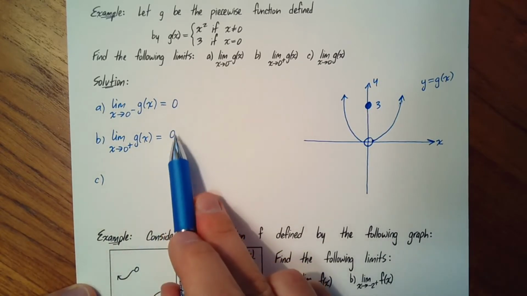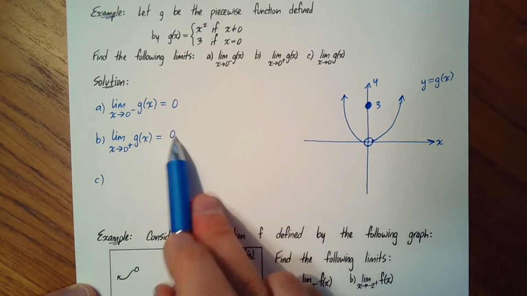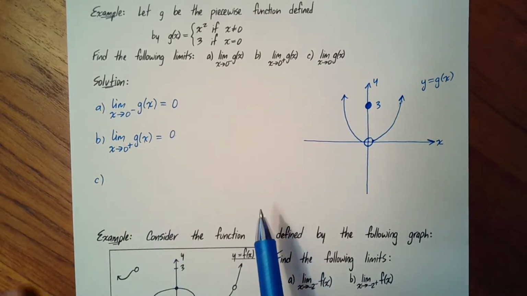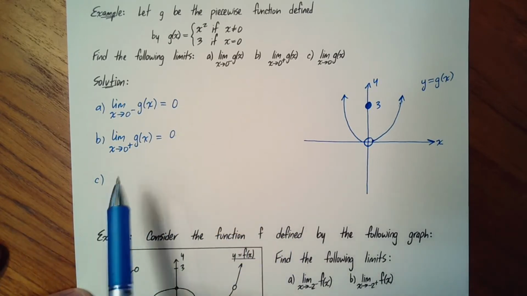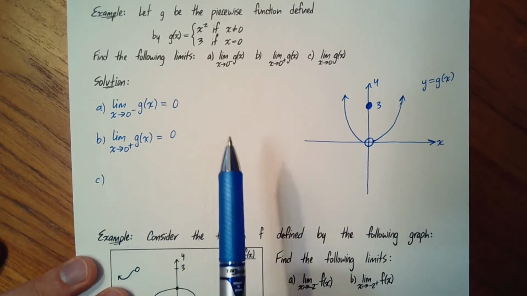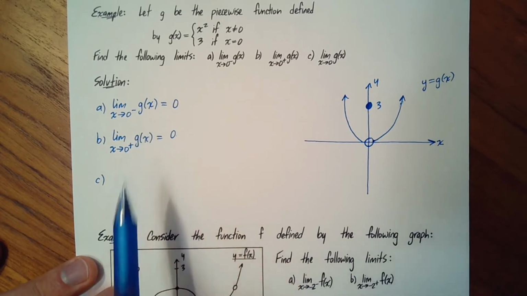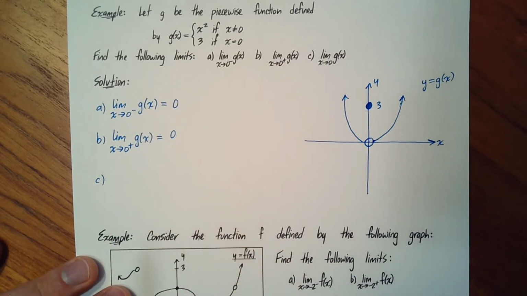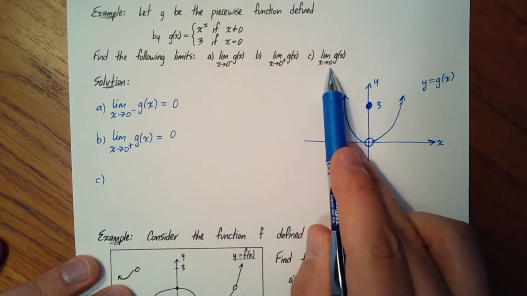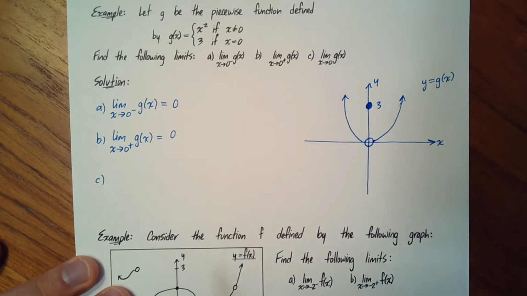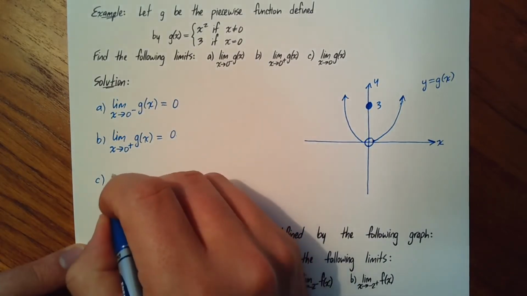But if these two values were different, or if one of them just was not calculable, we'll see examples like that soon. But for now, just think of it this way. If these two one-sided limits disagree or are different values, then the two-sided limit is said to not exist, right?